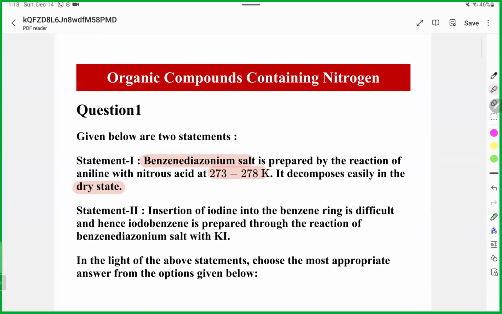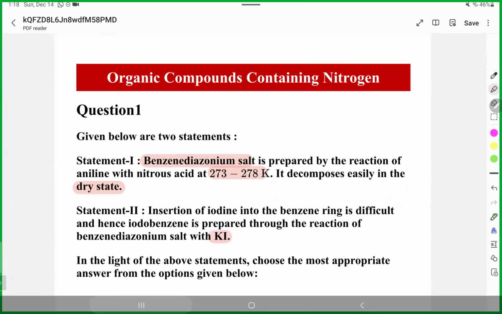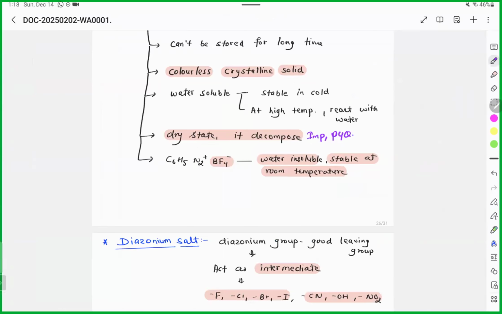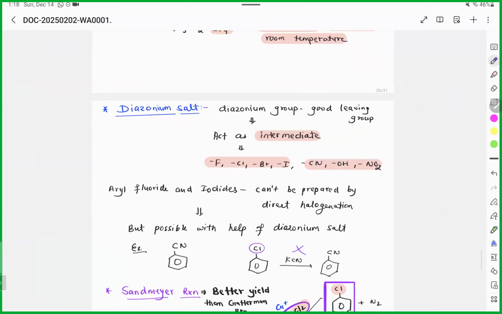Samarth: Insertion of iodine in the benzene ring is difficult, hence iodobenzene is prepared through the reaction of benzene diazonium salt with KI. Sir, it's true. Yes, normally iodine is difficult to introduce by nucleophilic substitution, but with diazonium salt it's easy.